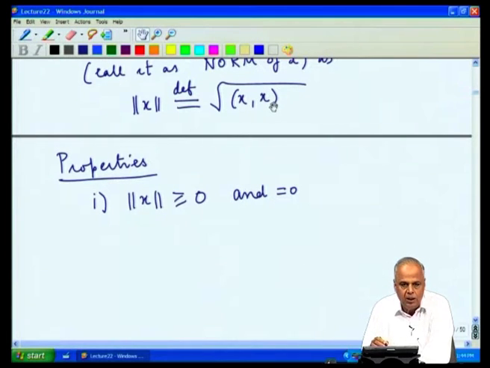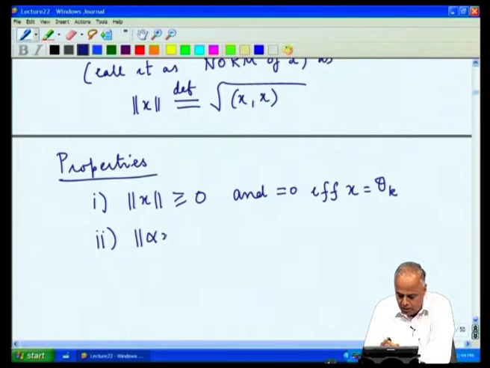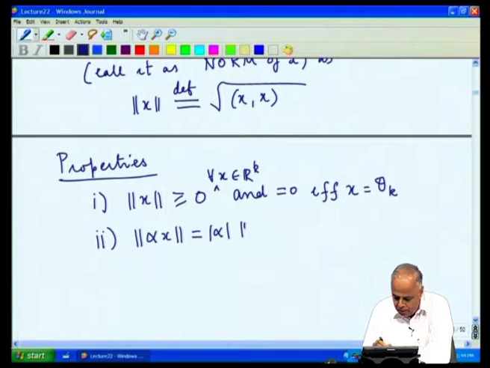But the property of the inner product says x comma x is 0 only when x is 0, and therefore, we get that the length is equal to 0 if and only if x is the 0 vector. And when you multiply a vector by a scalar alpha, then the length gets multiplied by the absolute value of alpha, for every alpha in F and for every x in R k.